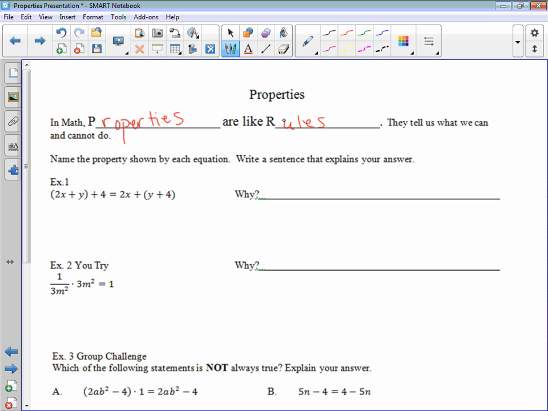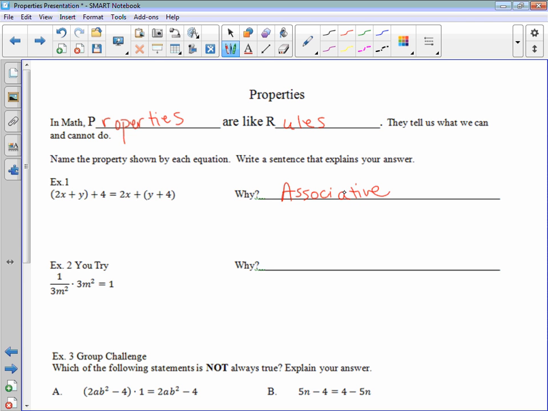All right. So, look at this first example. What property do you think they're showing us there? Look at the back of your sheet. Associate. Yeah. What changed from the left side to the right side? The parentheses changed, remember? We changed the parentheses. So that's the associative property.